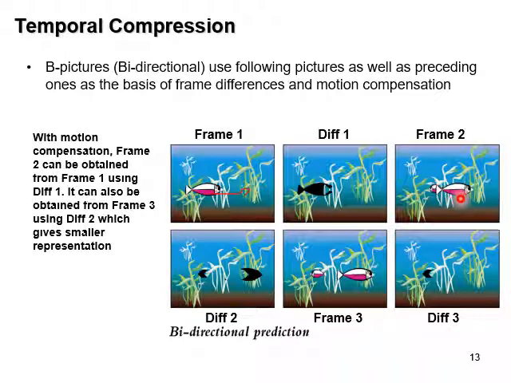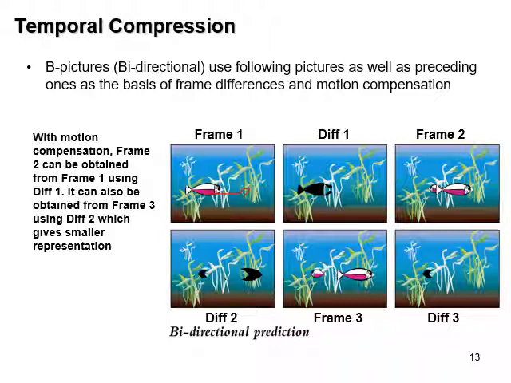So if we're doing motion compensation, what we will do, if we're predicting frame 2 from frame 3, is store the displacement vector of the small fish, which will go a little bit to the back, like this. Let me use a different color. Let's see, we can use orange.